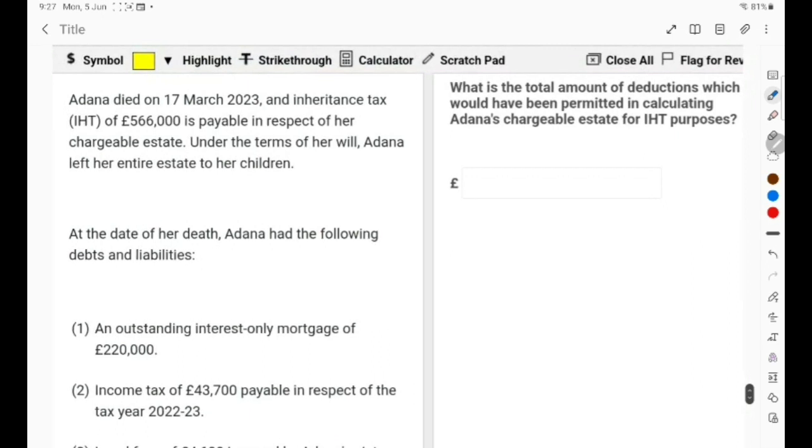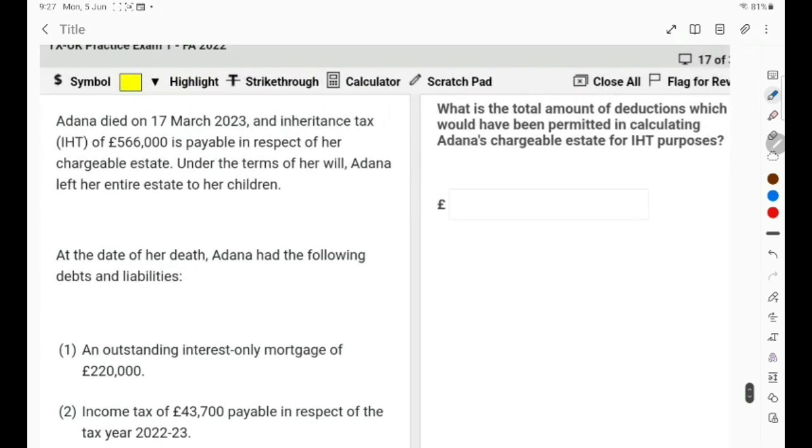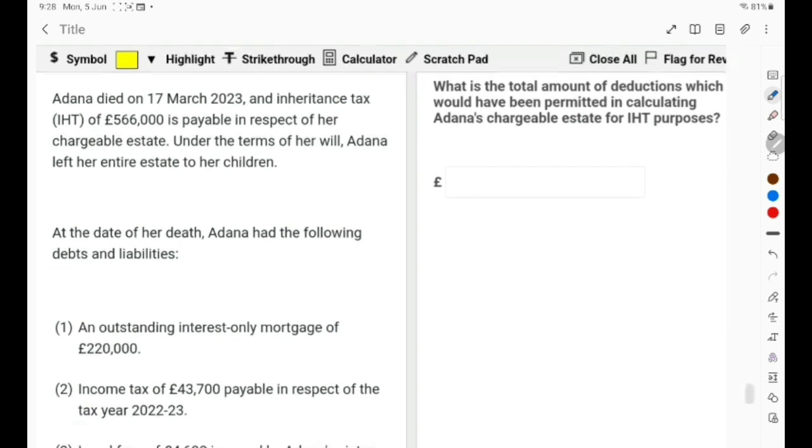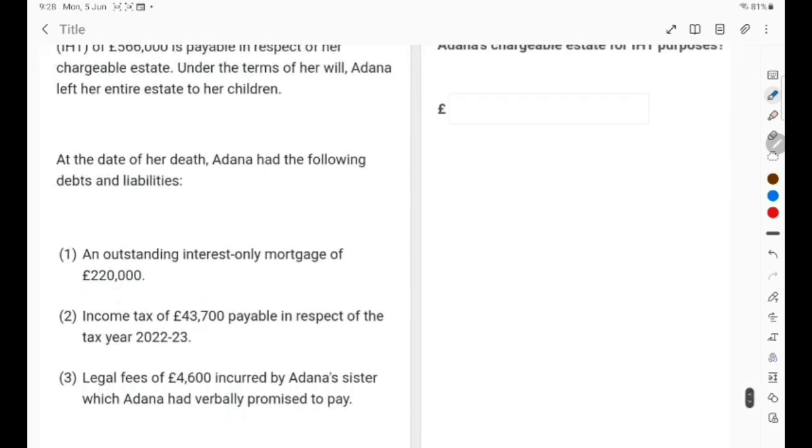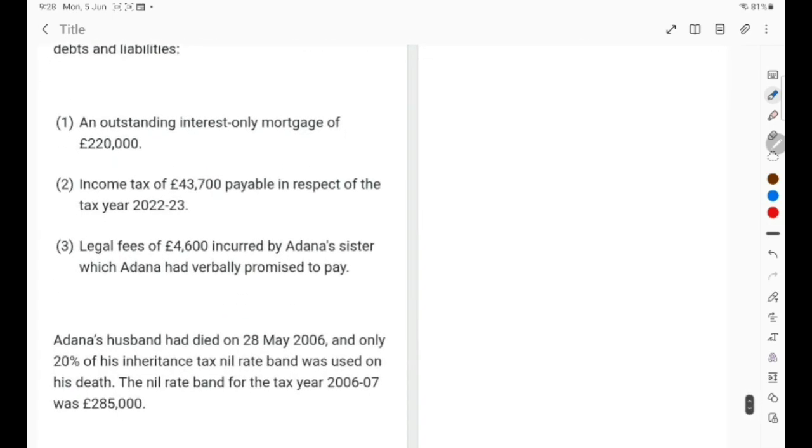Next question with the same scenario, what is the total amount of deduction which would have been permitted in calculating Adana's chargeable estate for IHT purposes? So whatever amount Adana had to pay is to be considered there. So the amount to be considered is 2,20,000 of outstanding interest only mortgage and 43,700 of income tax.